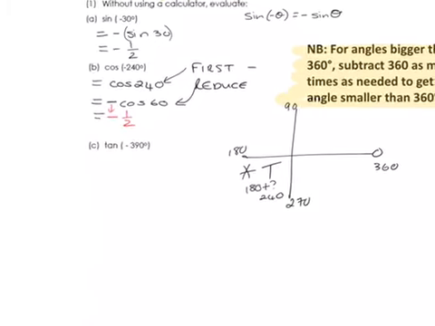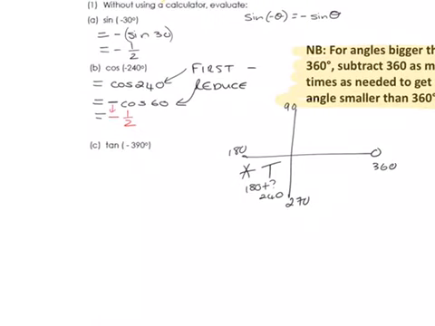All right. Then for tan negative 390, again, always deal with the negative first. So tan of a negative angle, we pretend we're in cos's quadrant. So we get negative tan of that angle. Now we've got a number that is bigger than 360. So we're first going to take off 360. So 390 minus 360 is equal to 30 degrees.